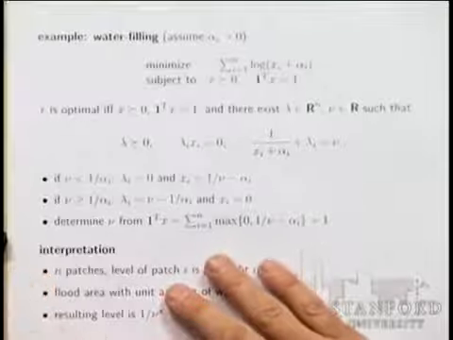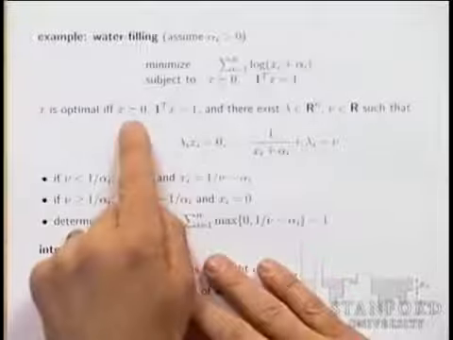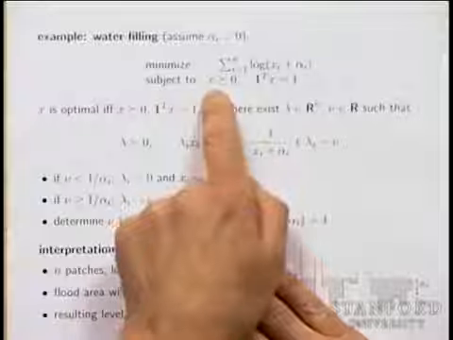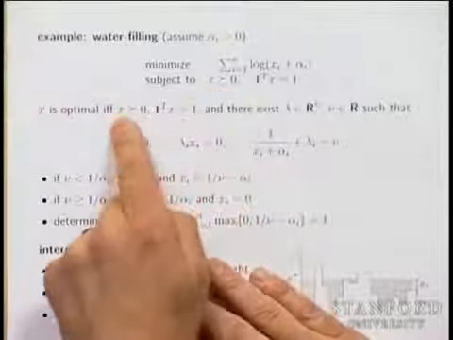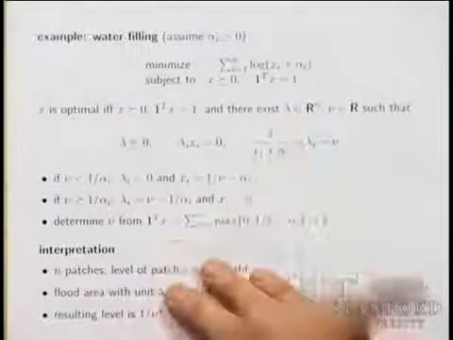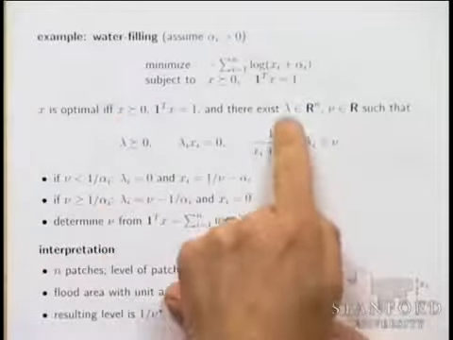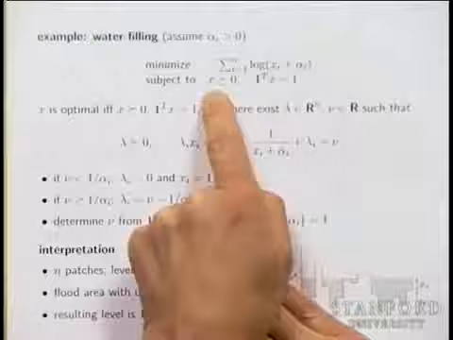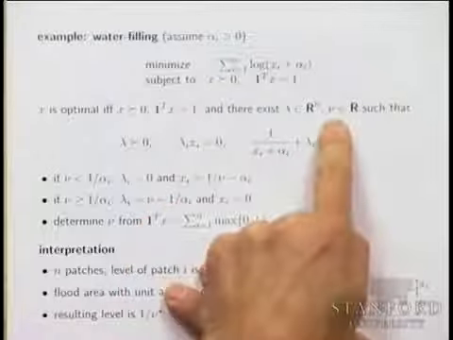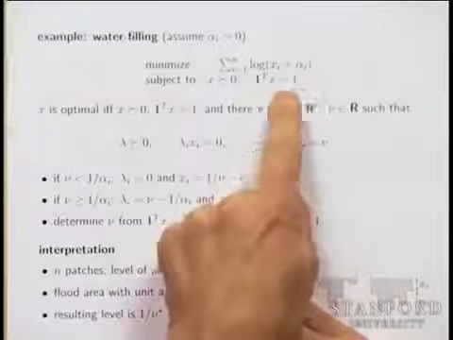Well, if you write down the KKT condition, it's very, very simple. It's that x, of course, has to be primal feasible. That means it's a probability distribution. It adds up to 1 and it's non-negative. We have a Lagrange multiplier lambda associated with these inequalities, and we have a Lagrange multiplier nu associated with this equality constraint.